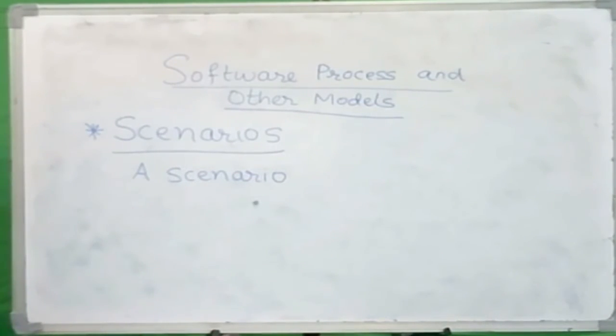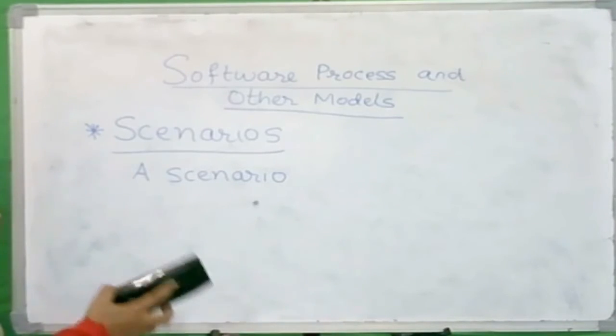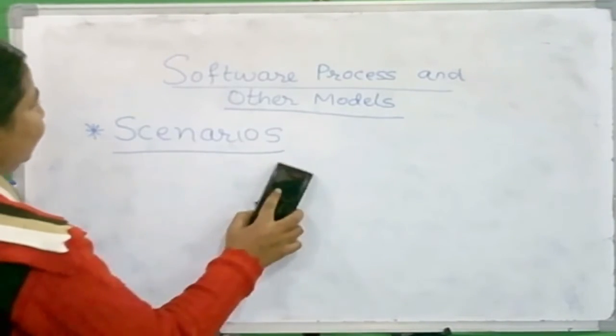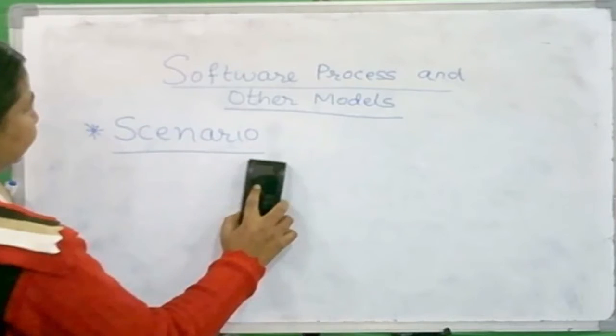A scenario is a description of one sequence of actions that could occur in the problem domain. Now let us take another example, the same example of the library problem. We will make the scenario for the library problem.